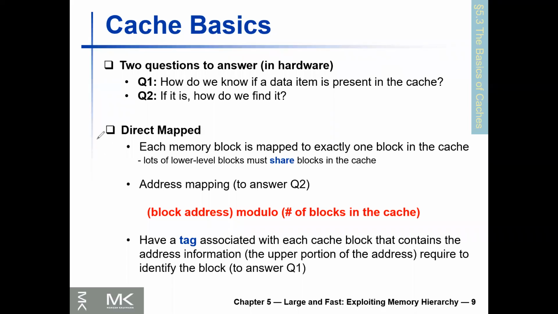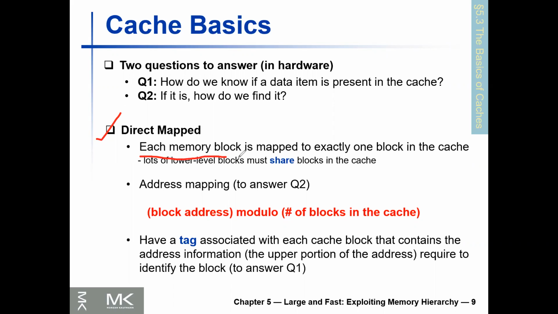Here comes the concept of mapping. Mapping is a technique through which lower order memory blocks are mapped into the cache memory, so that we can locate what data we are looking for and bring it from the lower memory. What is the direct mapping scheme?